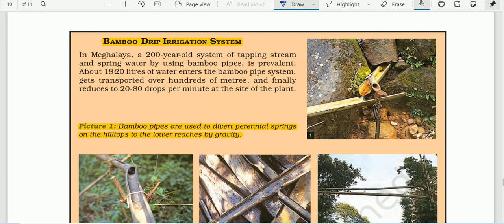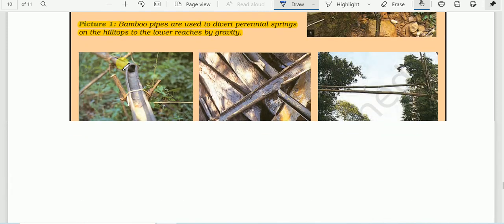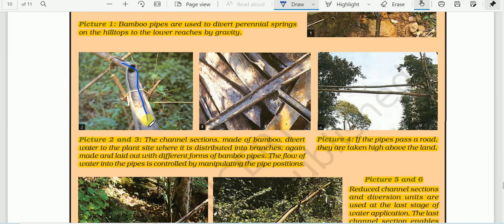Just see here, this is the spring side, and from the spring water is collected and carried down, and again it is transported, and here there is a bifurcation. This is the main, and this is another branch. And whenever there is a road or a terrain, a low-lying area, it is carried overhead here.